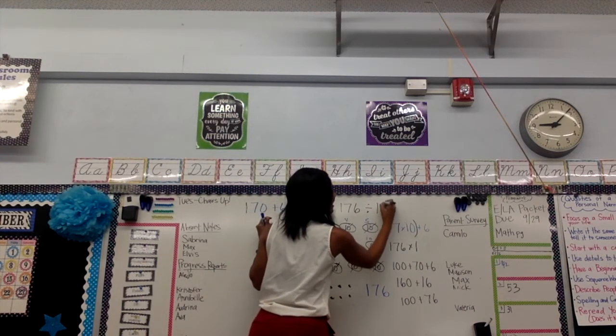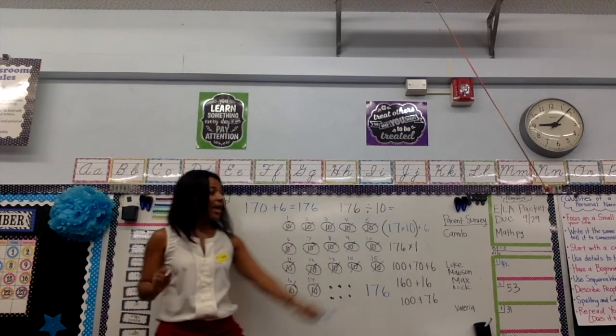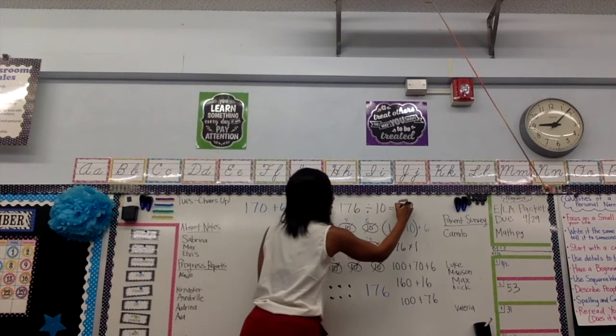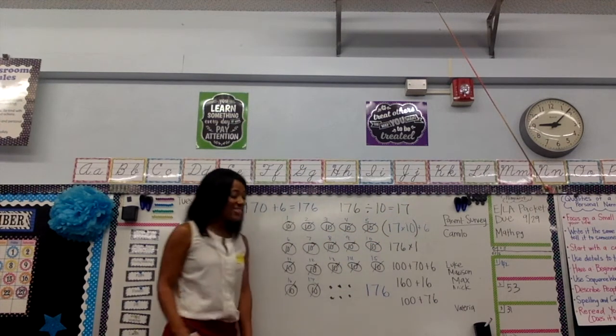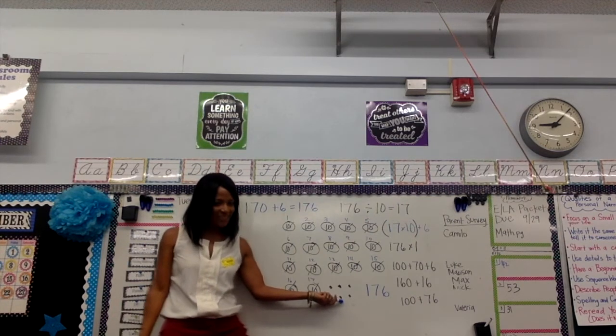So we divided it into little groups of 10. How many groups of 10 did we have? 17. And then we just had a little bit left over. We couldn't make another group of 10. So what's this called?